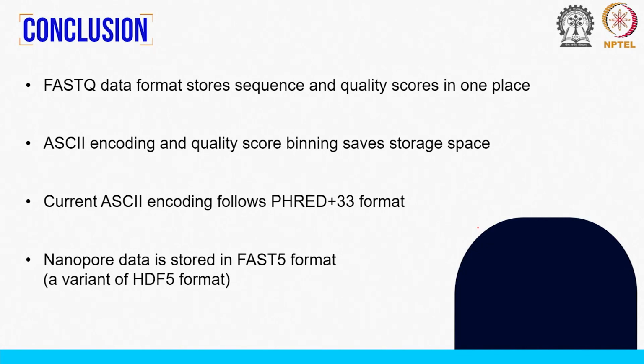And finally, we saw that nanopore data is stored in FAST5 format, and this is a variant of HDF5 format. Here you have the raw data, which is the current data, and this raw data can be useful in case you have applications where you want to look at the real time events that are happening.